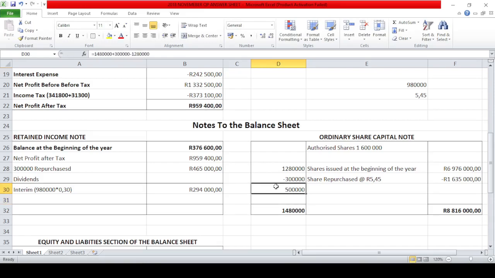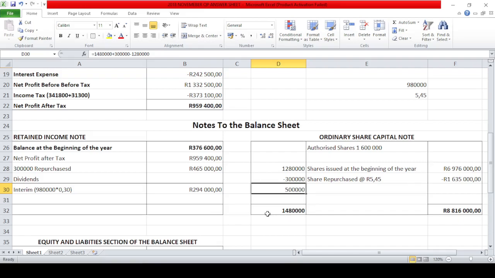So what was I doing? I was calculating the shares that were issued during the year, because we are not given how many shares were issued during the year. We already have almost everything on our ordinary share capital, so we are only left to calculate the shares issued during the year.